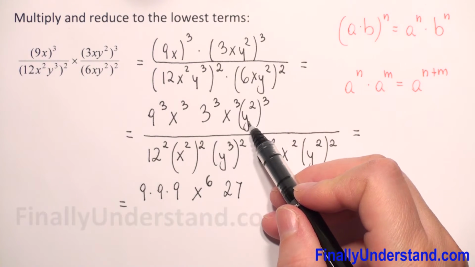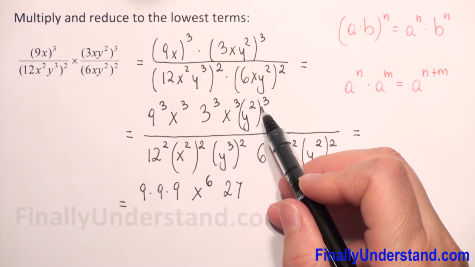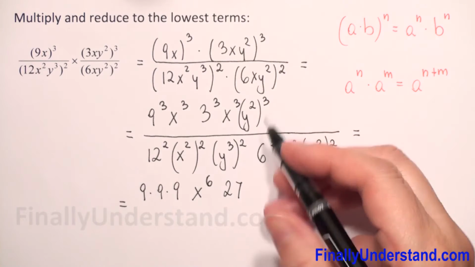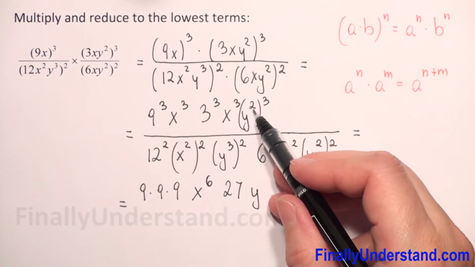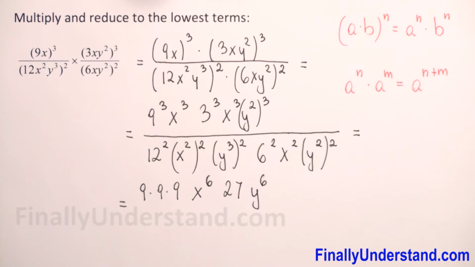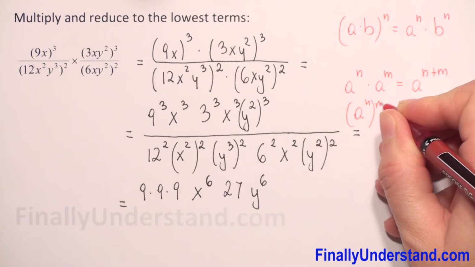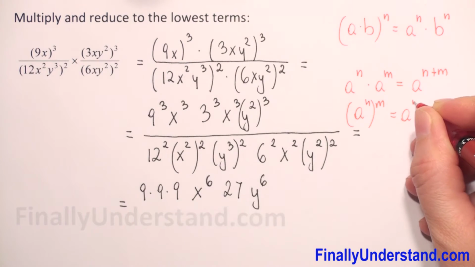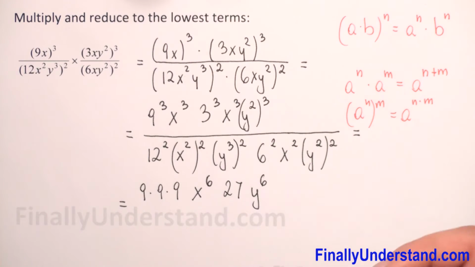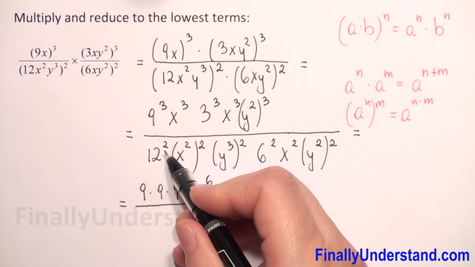And now we have power to power. When we have power to power, it means that we have to copy the base and we have to multiply exponents. So 2 times 3 is 6. I just use the formula: when we have a to power n to power m, this is a to power n times m. So we have numerator and denominator. We have 12 to second power.